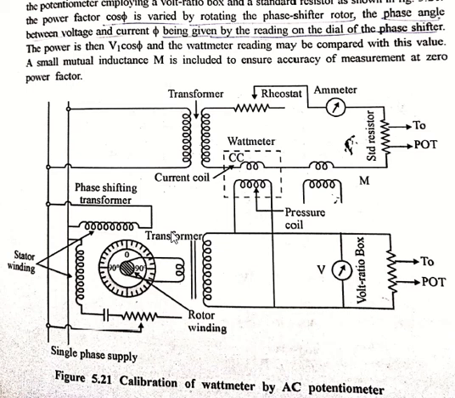The voltage V across the potential coil of the wattmeter and the current I through the current coil are measured by the potentiometer employing a volt ratio box and standard resistors. Here we can see the volt ratio box. The voltage drop across the current coil is measured by this AC potentiometer, and similarly the voltage drop across the potential coil will also be measured by this AC potentiometer.